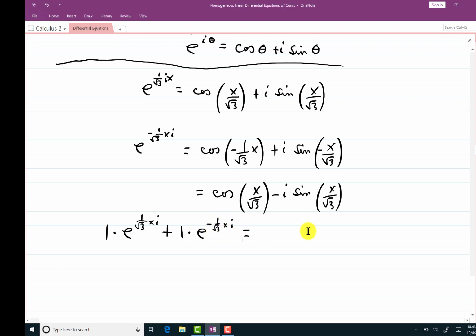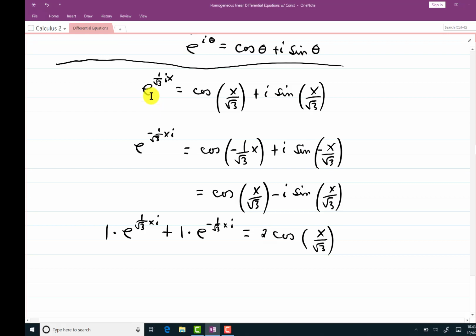And according to what I have here, when I add them together, the sine terms cancel out, and I'll get 2 cosine of x over radical 3. What that means is, since 2 cosine of x over radical 3 is a linear combination of these two solutions, it too is a solution.